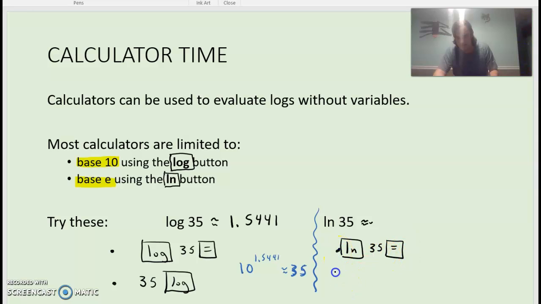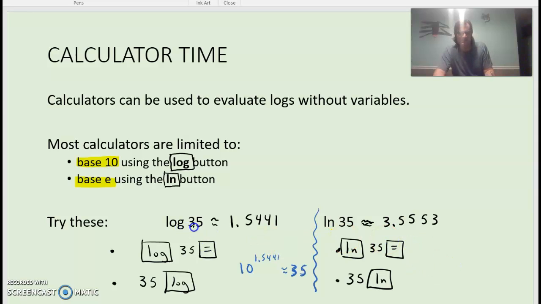And then others of you may have the other calculator where you'll hit 35 and then you'll have the ln button, and it should give you the following answer. It should give you about 3.5553. Of course, that keeps going on.